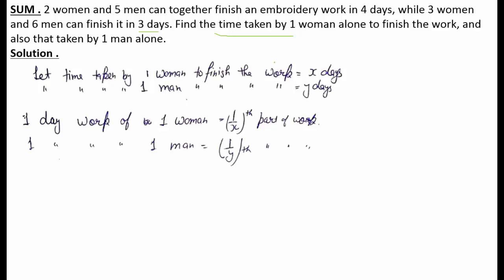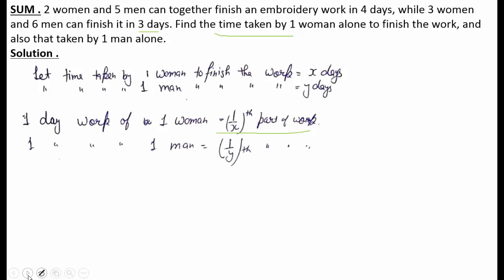So the 1 day work of one woman will be 1 by xth part of the work. Means if my total work is 1 unit, then the 1 day work will be 1 by xth part. This will be my 1 day work for one woman. Now the 1 day work of one man will be 1 by yth part of the work, because we have assumed x days and y days.